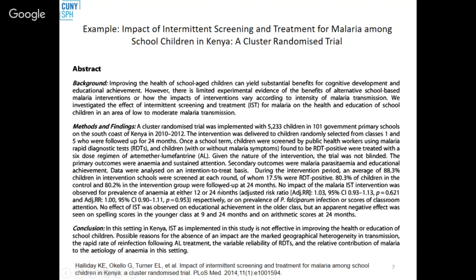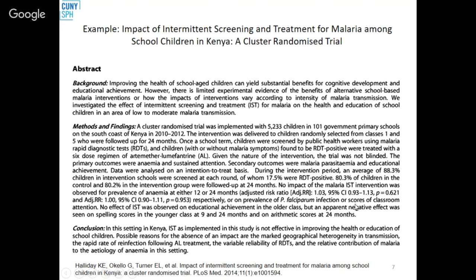So this was, say, the risk of anemia or sustained attention for the treatment group relative to the control group. They give a risk ratio 1.03, where 1 would be no effect, along with a confidence interval and a p-value.